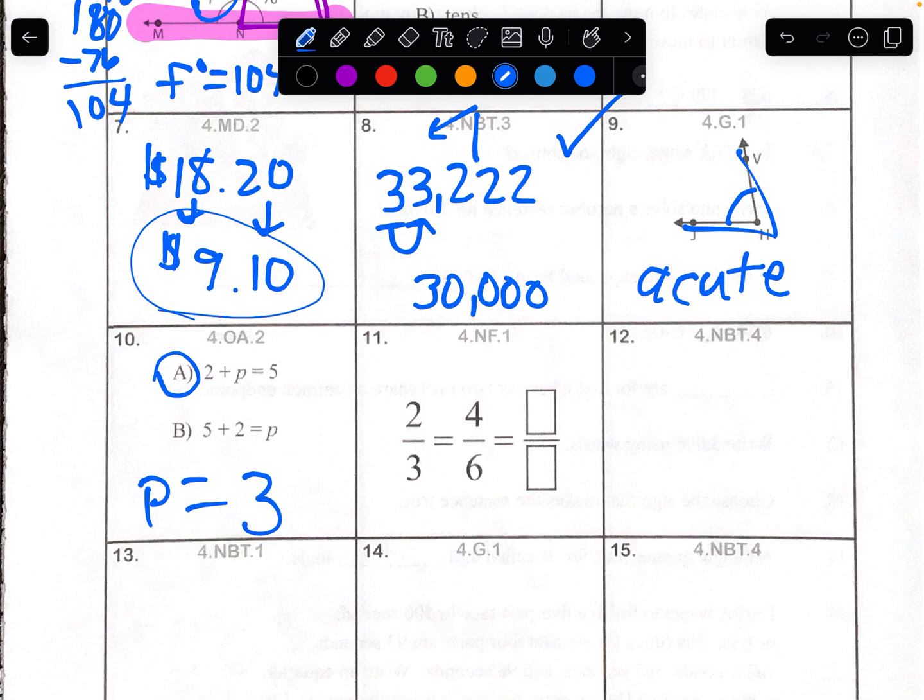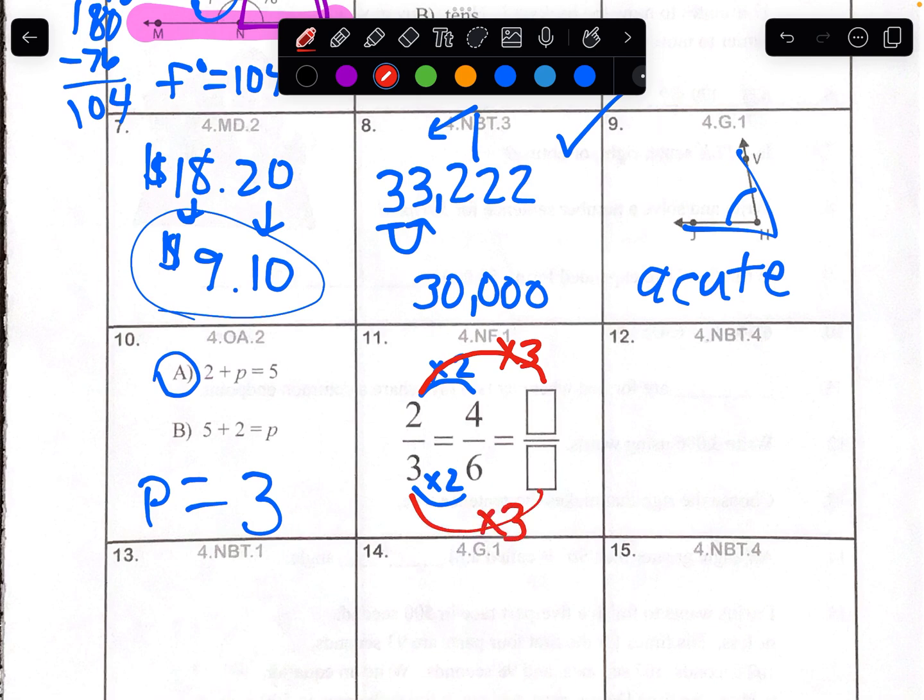All right, 11, write another equivalent fraction for 2/3. To get from here to here, we multiply by 2. But what you do in the numerator, you have to do in the denominator. So 2 times 2 is 4, and 3 times 2 is 6. Now you're going to take 2/3 and multiply it by 3 this time, both the numerator and denominator.